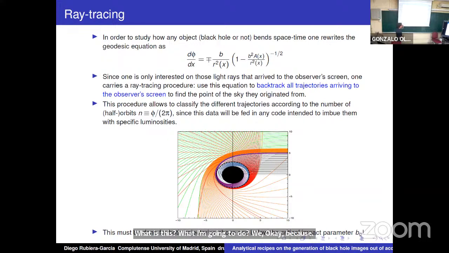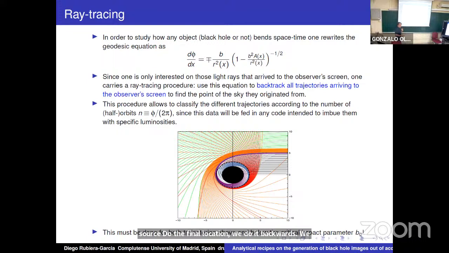Now obviously this black hole will be illuminated by the disk in all directions and also illuminated by the stars in all directions. And these light rays that are going to be deflected will go anywhere. But we don't care about these rays. We are not interested in these rays, because we're interested in the image that we see. So instead of integrating this equation from the source to the final location, we do it backwards.